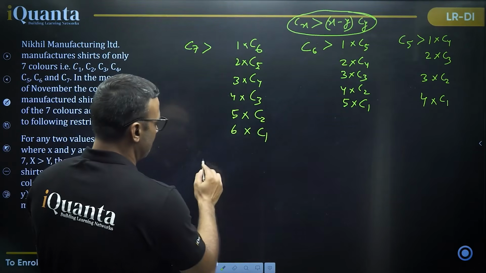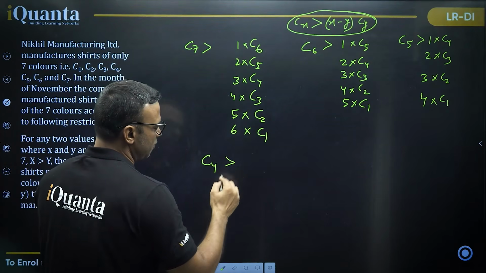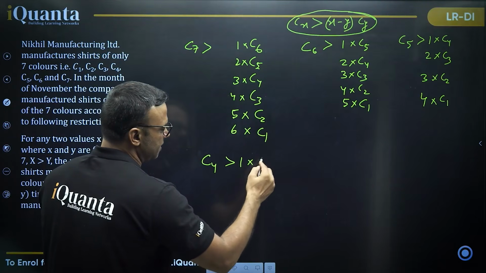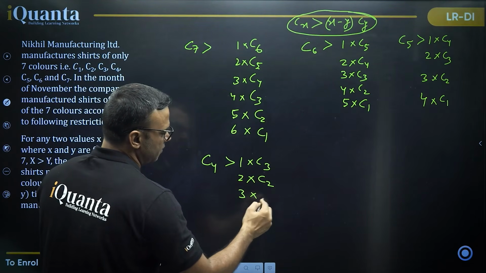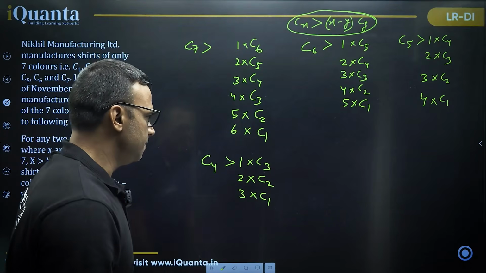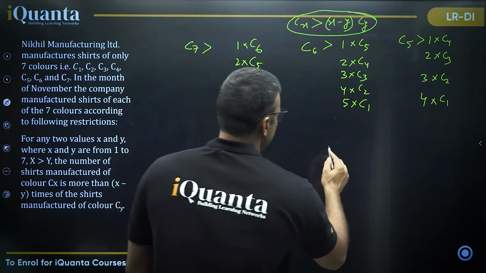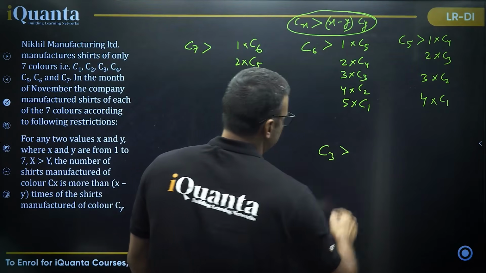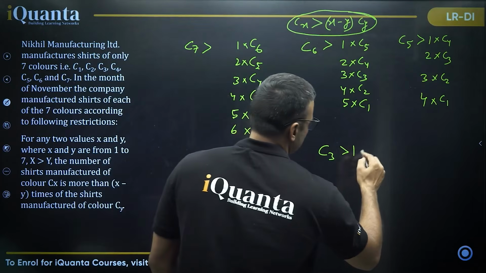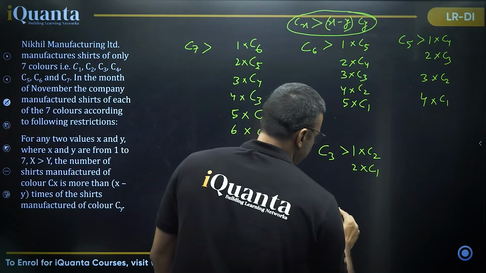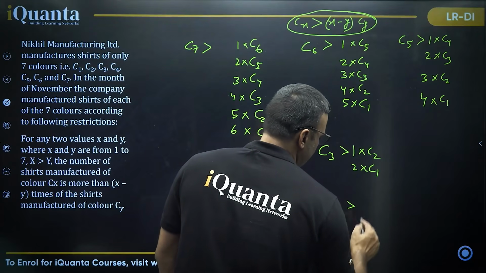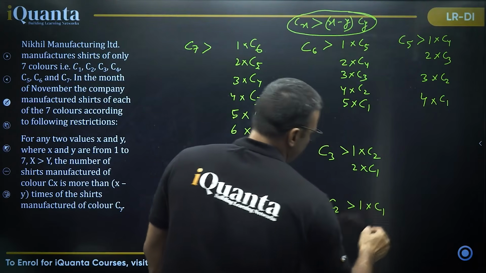What about C4? C4 should be greater than 1 into C3, 2 into C2 and 3 into C1. C3 should be greater than 1 into C2 and 2 into C1. And C2 should be greater than 1 into C1.